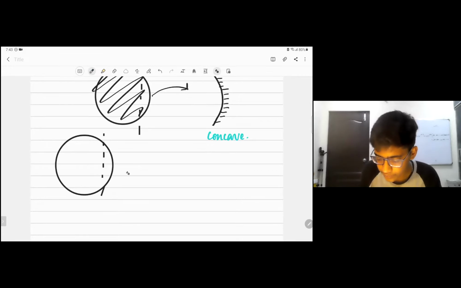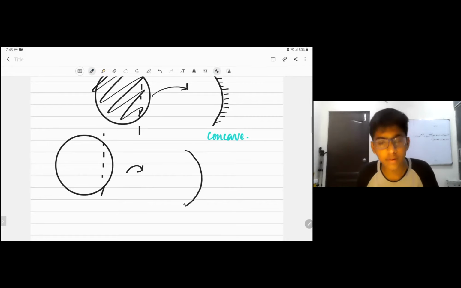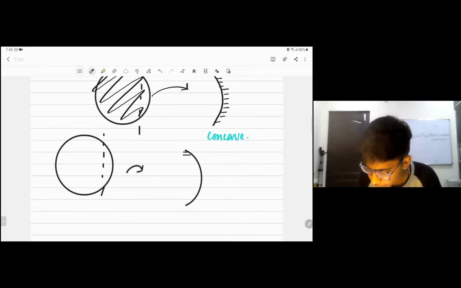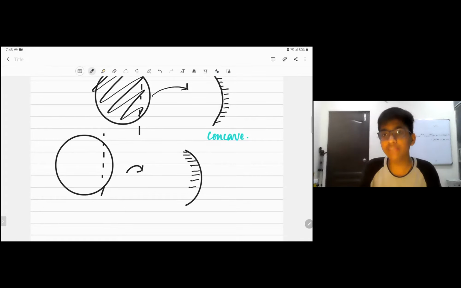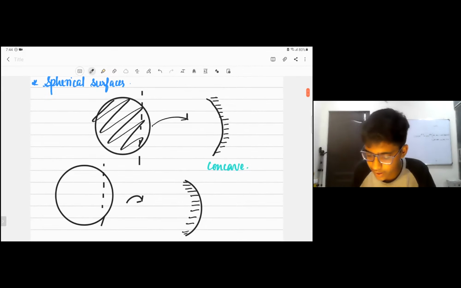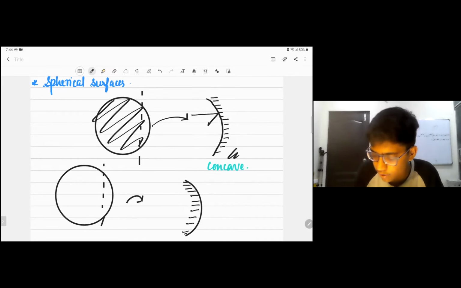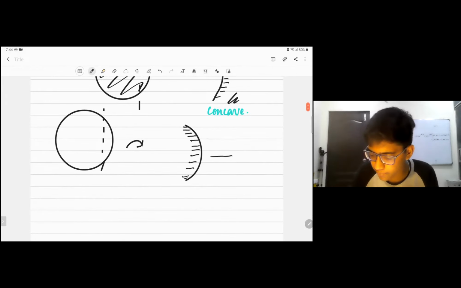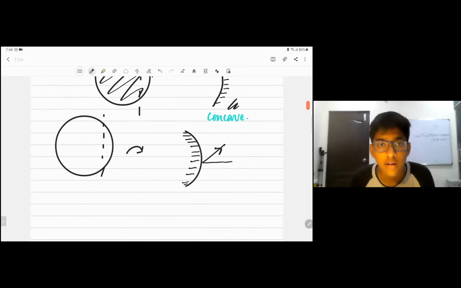Now I get a piece of mirror like this, in which the inner side is silvered. As we discussed in earlier classes, where we have silvered, its other side is going to reflect. In the concave case, this side of the mirror is going to reflect. In this case, the outer side of the mirror is going to reflect.